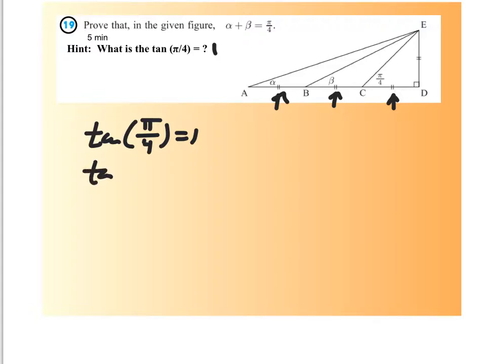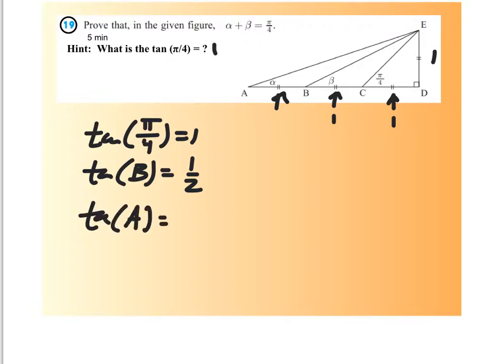The tangent, in this case, of b will equal 1/2, right? I have one part here, and I have two parts here. All right, the tangent of a will be 1/3.